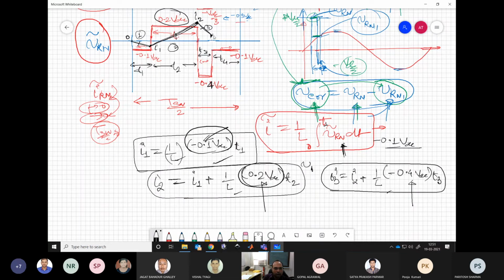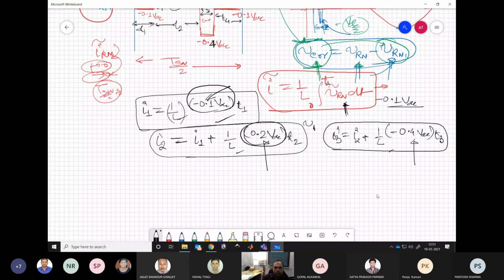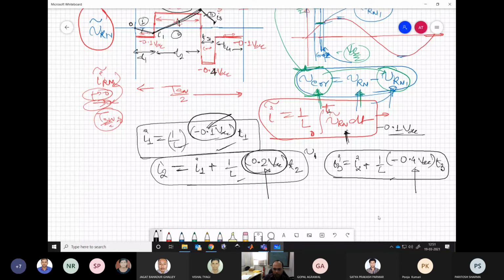Now we have reached this value I3. Now what will be the next interval? What will be the next equation? So I4 will be I3 plus 1 by L times minus 0.1 VDC times T4, let us say. So can you tell what this value will be actually?